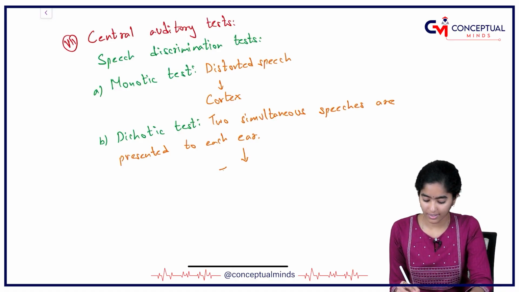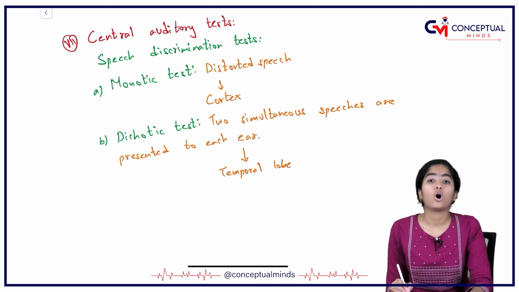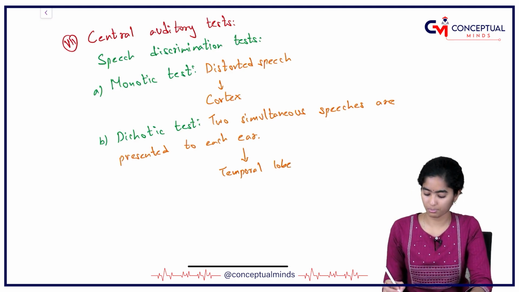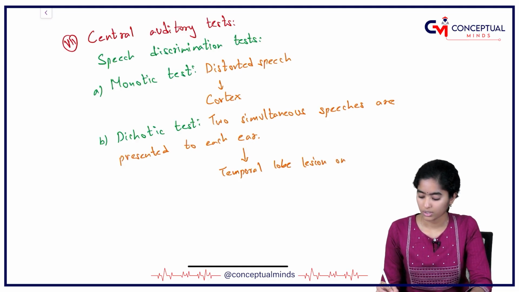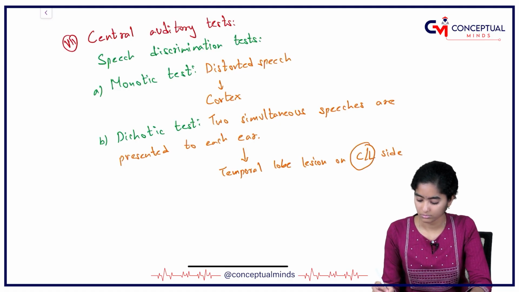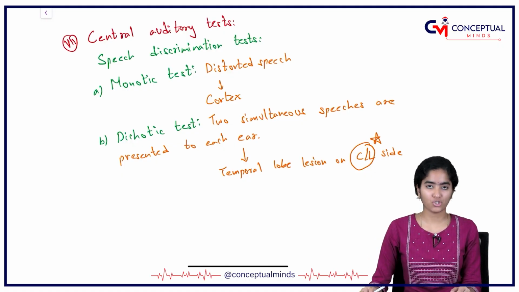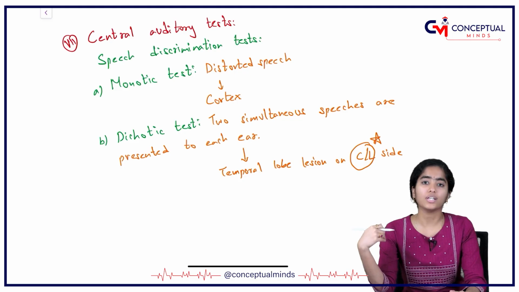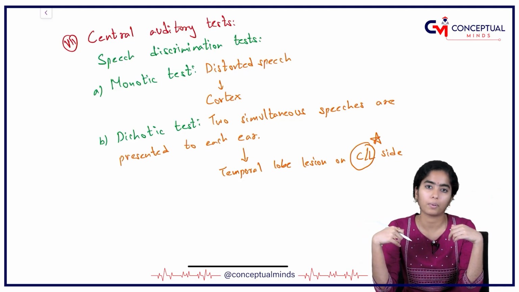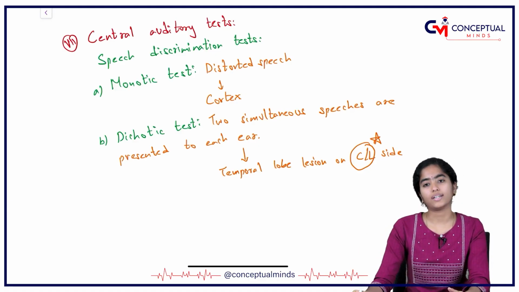It indicates a temporal lobe lesion of the opposite side. This is important. A temporal lobe lesion on the contralateral side. That is, out of both the speeches, if the patient fails to hear the right side speech, that means there is some lesion in his left temporal lobe because the fibers are crossing. This is the dichotic test.